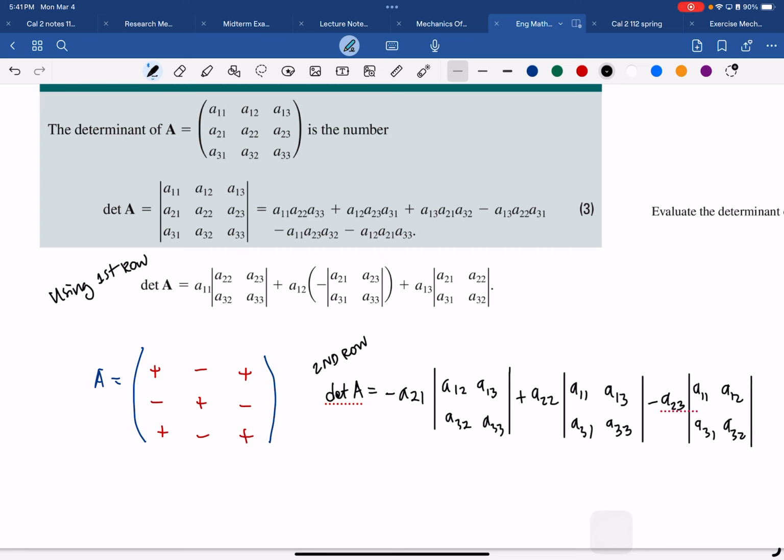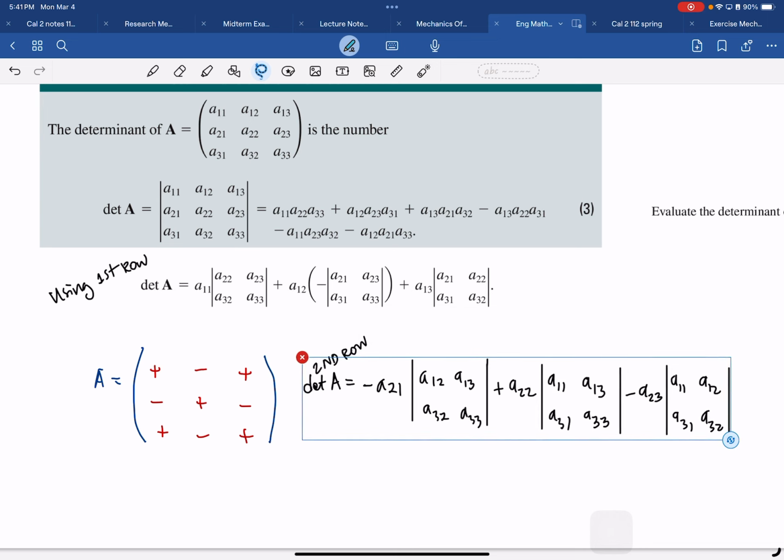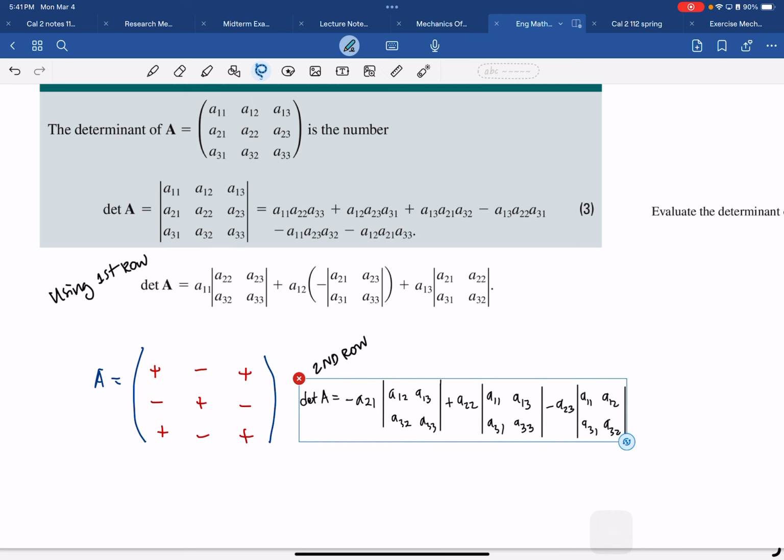Okay. Now how we choose the rows sometimes depends on our preference. But for example, if you see some entries in the matrix that are 0, we can use that. If the second row has a 0 in the middle or on the left, then one term will be 0, so we have a shorter computation.